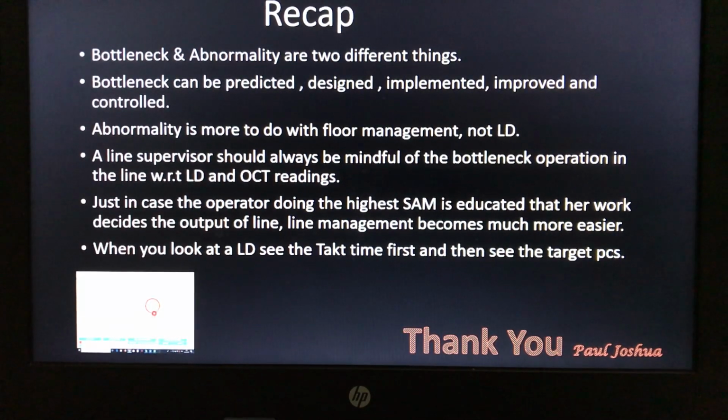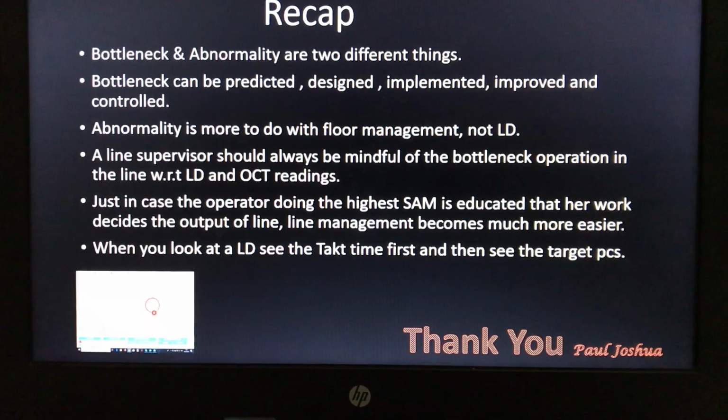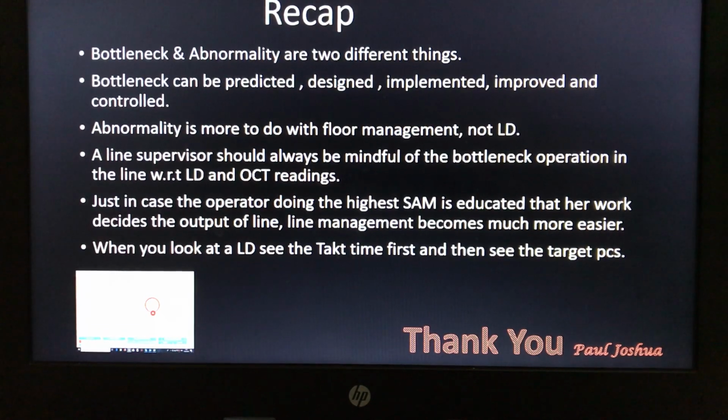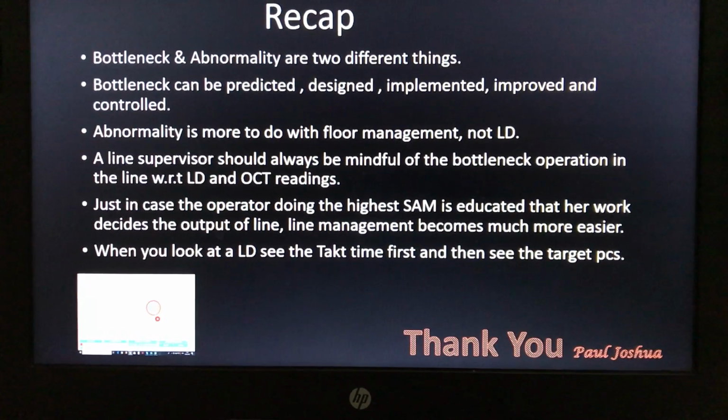Instead of calling everybody in the line, or even if you call everybody in the line and talk to them, tell them that this particular operator, doing so and so operation, will do the highest SAM operation, and everybody else is balanced below that. So therefore the target of the line will be decided by this operator who has 41 seconds.